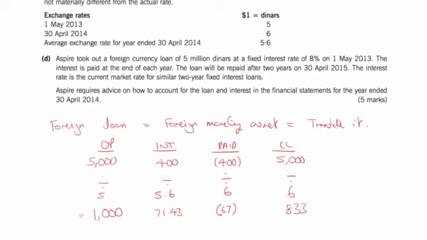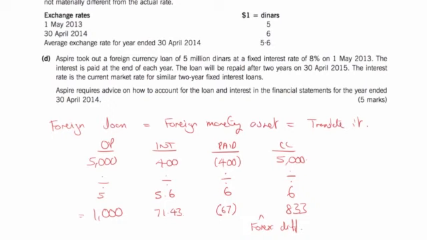Now, obviously, that won't all add across because there's exchange differences going on. So you have to work out what the foreign exchange difference is here, the foreign exchange difference caused by all of this. So 1,000 plus 71.43 minus 67, compared to the 833.